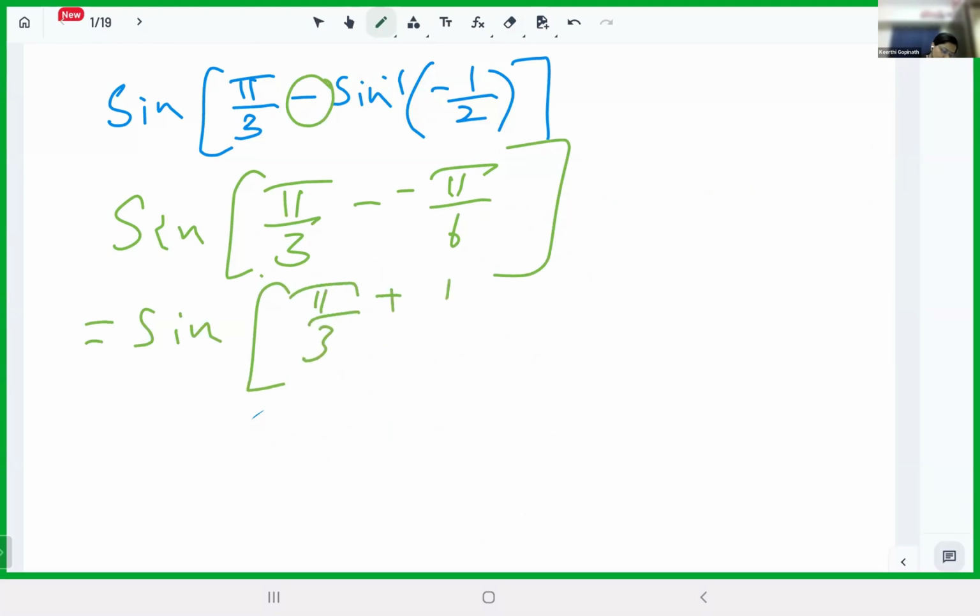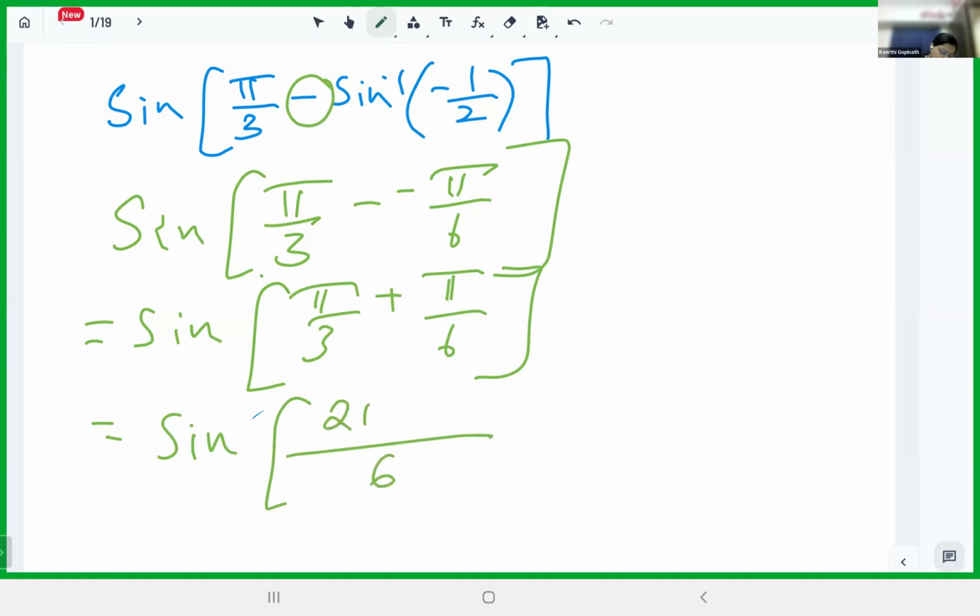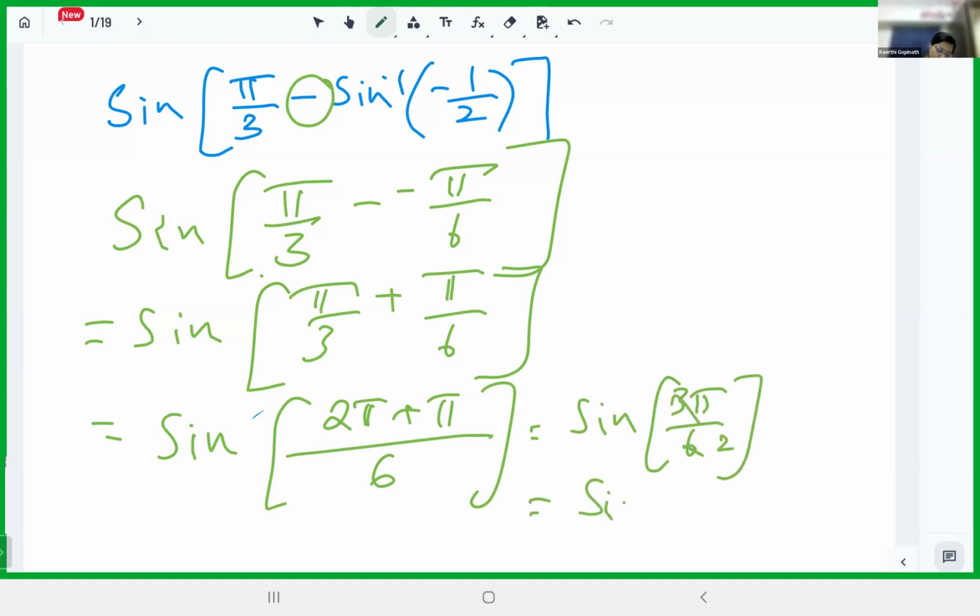Taking the LCM, we will get sine of, this is 6, so this will become 2 pi plus pi. That is sine of 3 pi by 6. Here we can cancel it with 3. So sine of pi by 2.